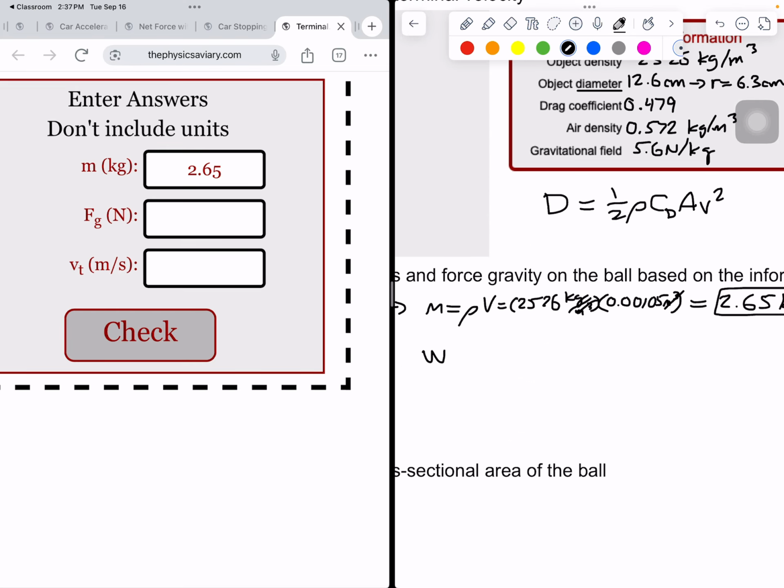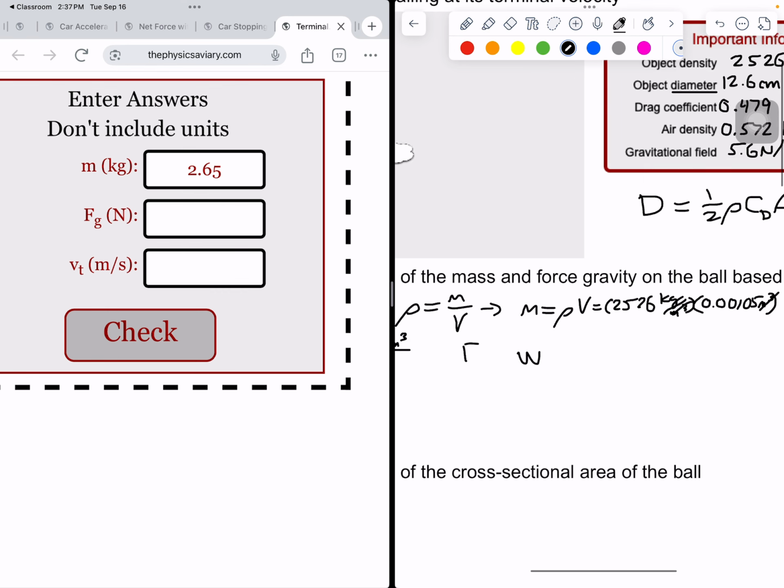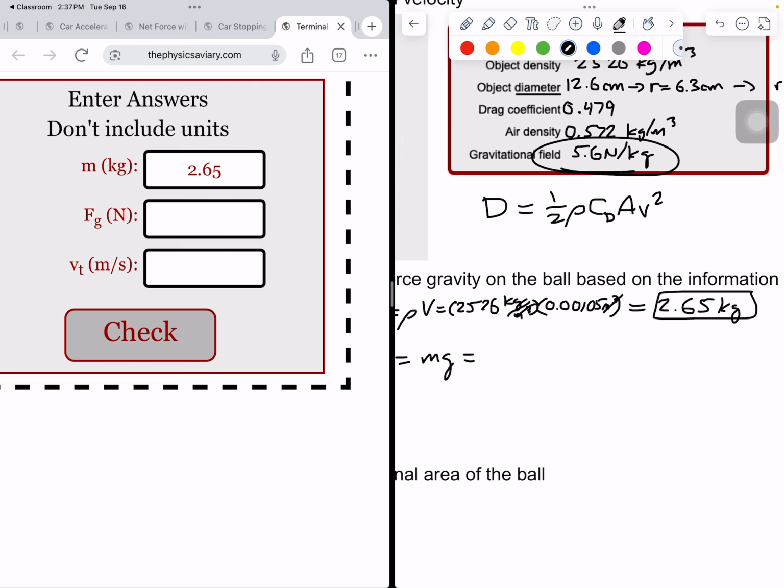The force of gravity is the weight, which is equal to m times g on that planet. Please don't use 9.8. G is going to be whatever you wrote down here. So in my case, 2.65 kilograms times 5.6 newtons per kilogram.